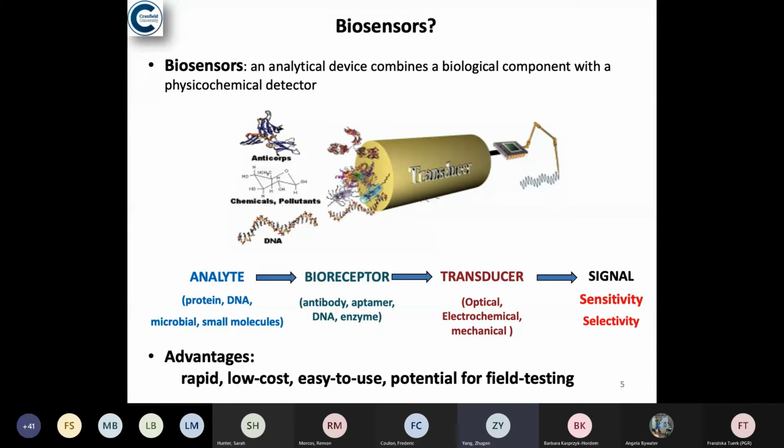From the components, we can simply classify the analyte, which is the target you are going to test, and a bioreceptor, which is the probe you need to interact with your target. Then the third part is a transducer, which means that we need to translate this bio-recognition signal into a readable optical, electrochemical, or mechanical signal.